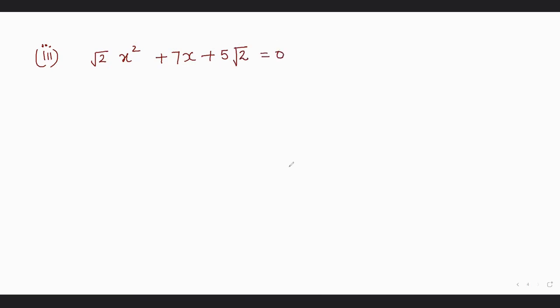Now students, you can see our middle term here is positive 7x. Now you have to factor this term, positive 7x, such that their product will be equal to square root 2x square into 5 square root 2.